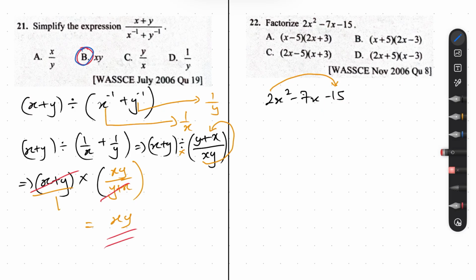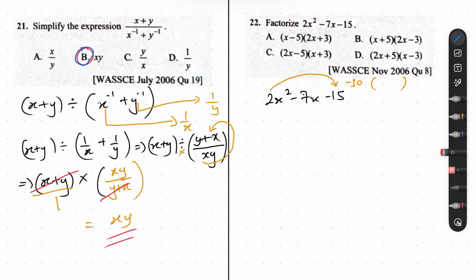When you multiply, you get negative 30. Now we need to find two factors that when we multiply them, we get negative 30, and when we add those same factors, we get negative 7. Can you think of it?